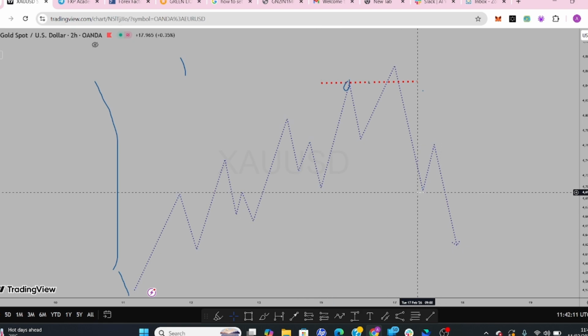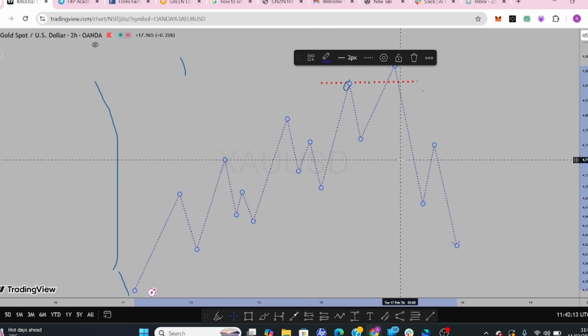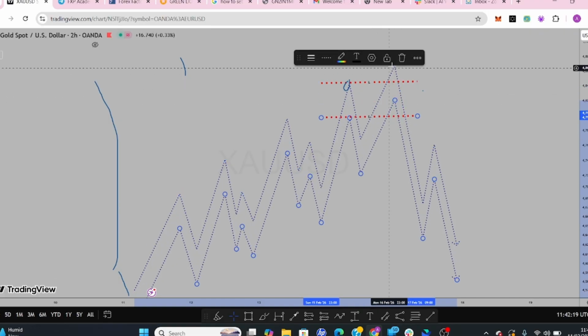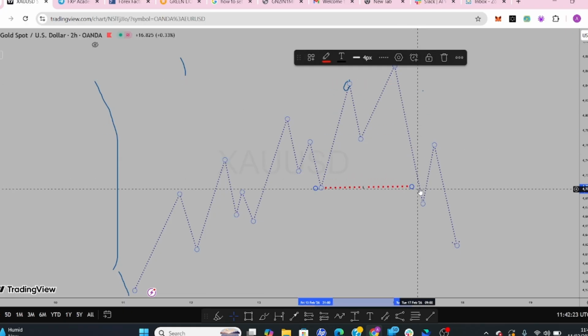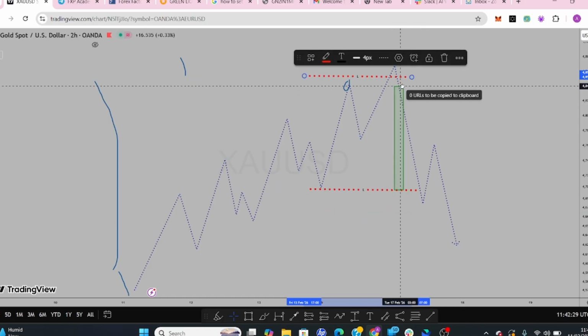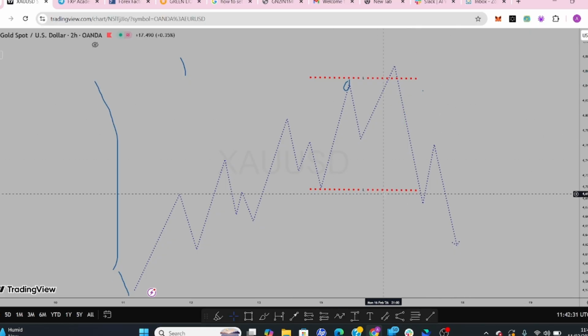Where is our change of character in this scenario? This is our change of character here. After the liquidity sweep above, we have a change of character here.